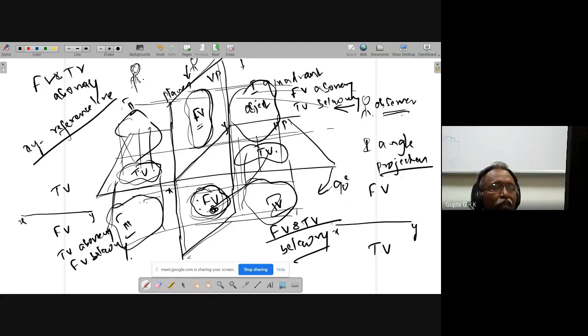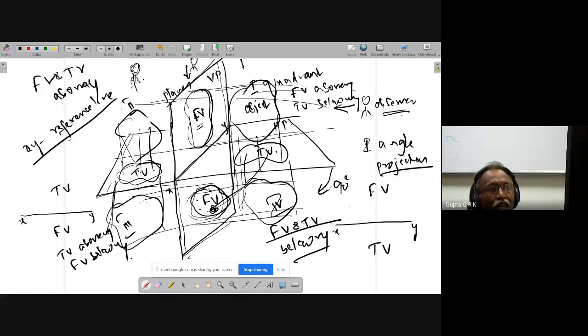Actually, the conventions have changed in the last few decades. When we studied, we drew first angle projection. Our seniors drew third angle projection. In between, after I joined teaching, I again used third angle projection. And now for you people, we are doing first angle projection.